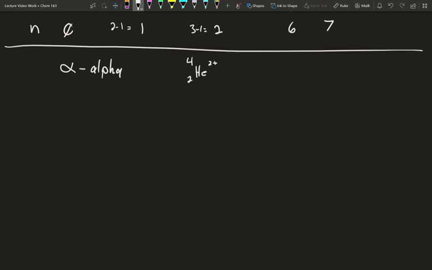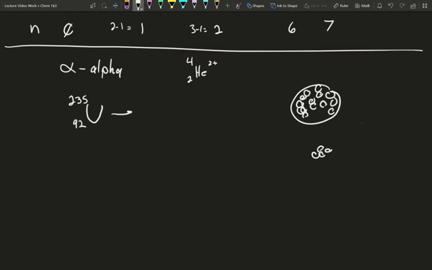It is 2 protons and 2 neutrons. What will happen is if you have a large nucleus with many protons and many neutrons, it's possible it can decay by ejecting 2 protons and 2 neutrons. In this process, you'll have something like uranium-235, and it will convert.